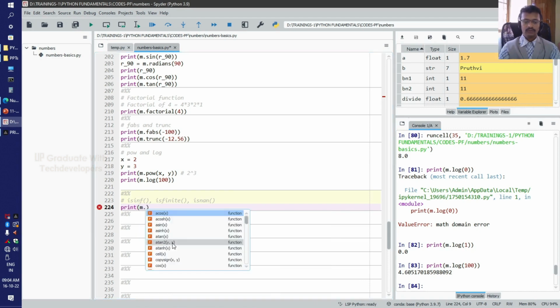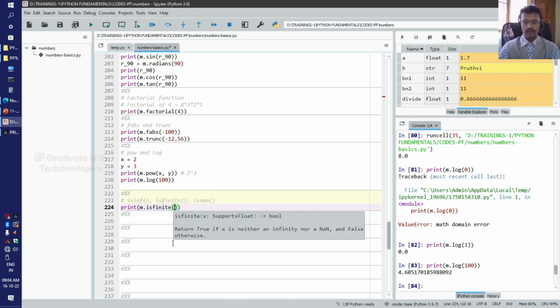For example, here I would like to check the isfinite method. It returns true if x is neither an infinity nor nan, and false otherwise. So x should not be an infinite value, and it should not be a nan.